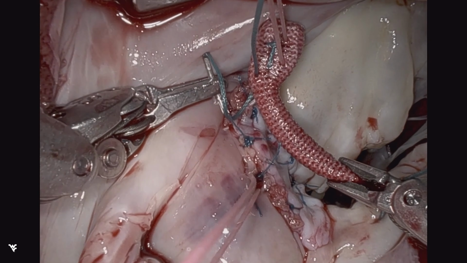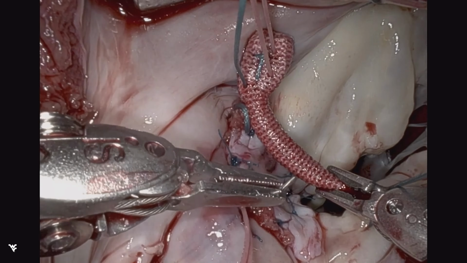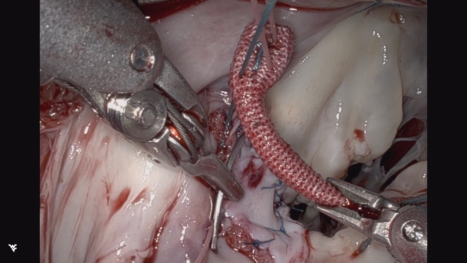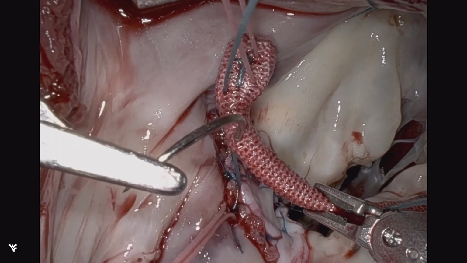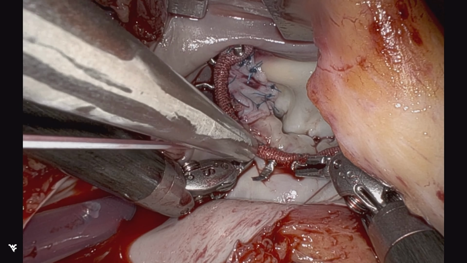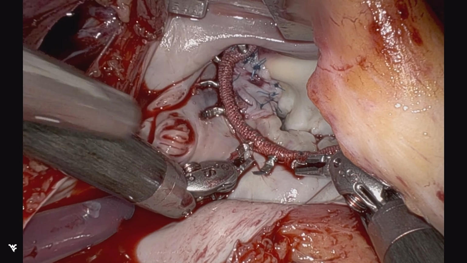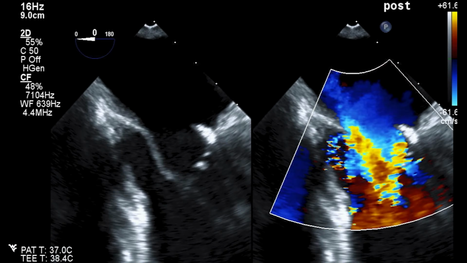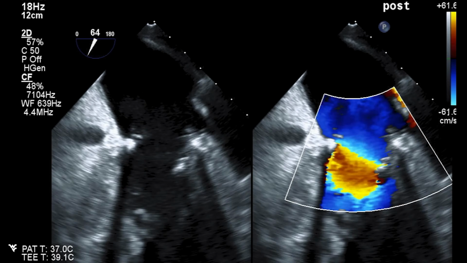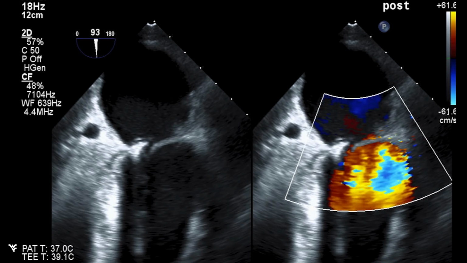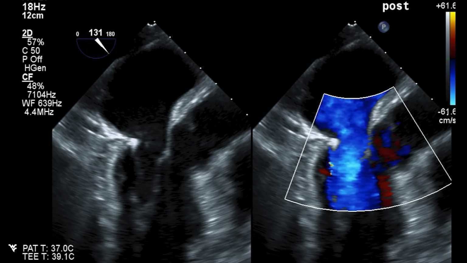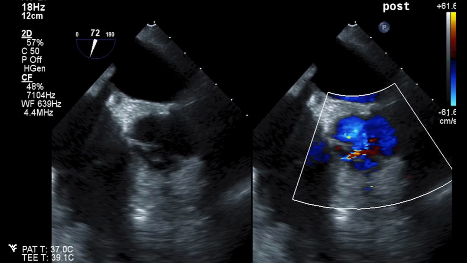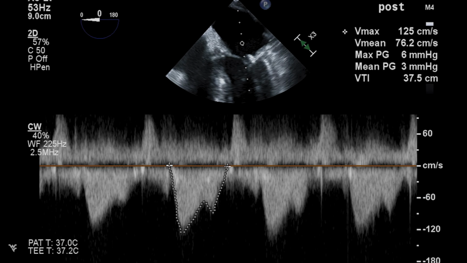And then we'll complete the annuloplasty band. And then also utilize the previously utilized suture to complete the valve repair. As you can see, there is a competent valve with no significant stenosis and a mean gradient of 3.